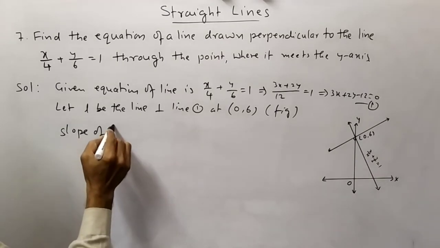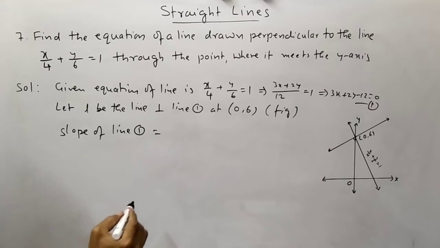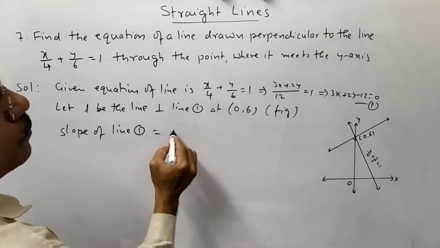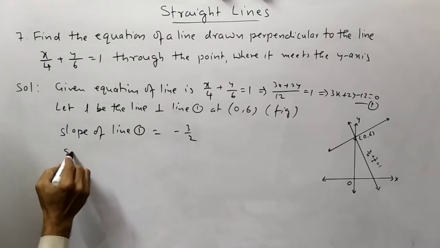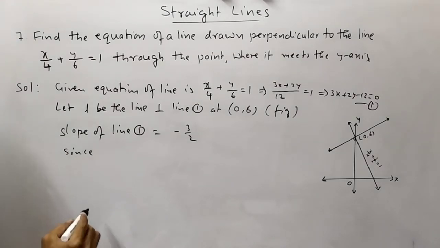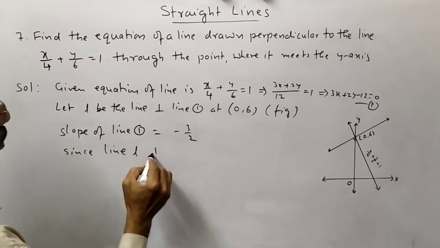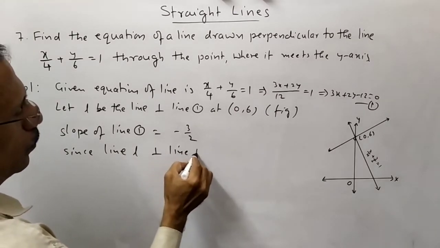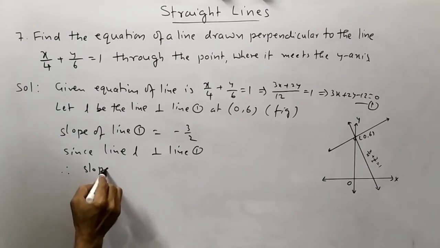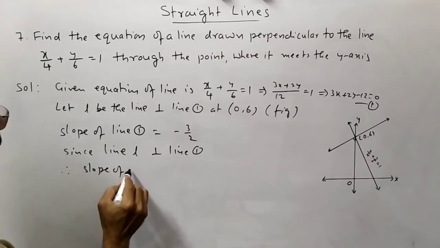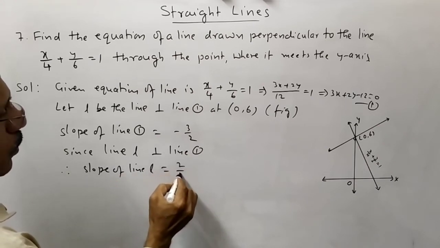Slope of line 1 is equal to minus 3 by 2. Since line L is perpendicular to line 1, therefore slope of line L is equal to 2 by 3.